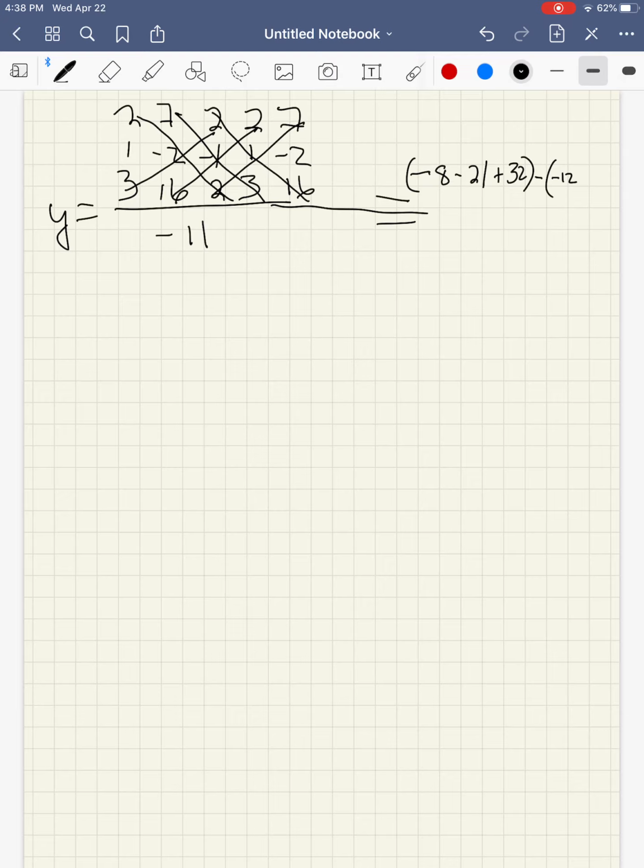Negative 6, negative 12, minus 16, minus 32, plus 14. And that's all over negative 11.